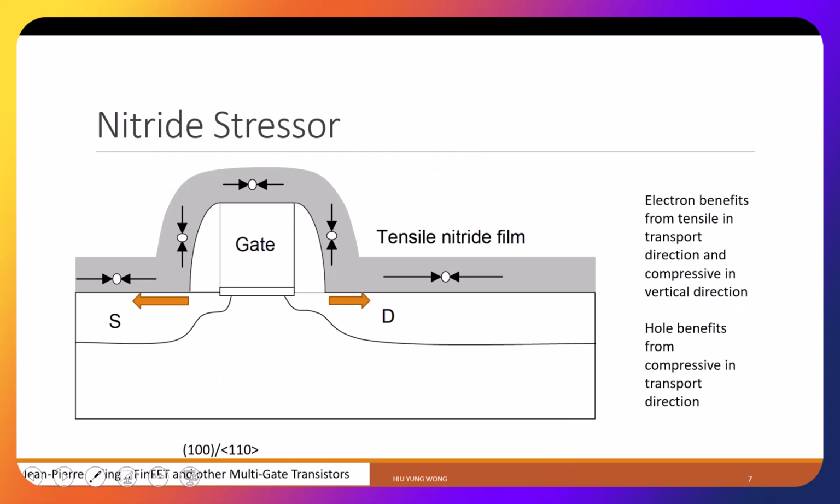Now, here I want to introduce some concepts of how we introduce strain and stress. In experiment, it's very easy, kind of. In the past, when people in the university or company did experiments to find out how the stress affects the mobility, they just take the wafer, right? This is a wafer, maybe 4-inch, very big.